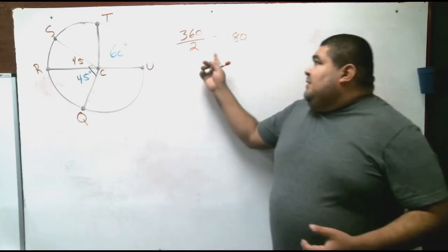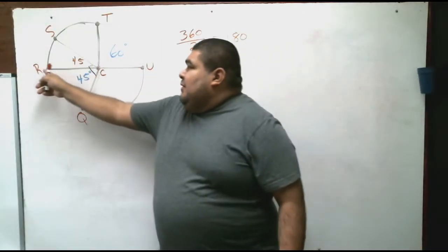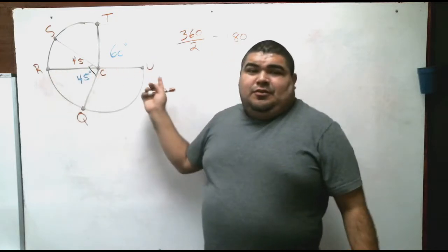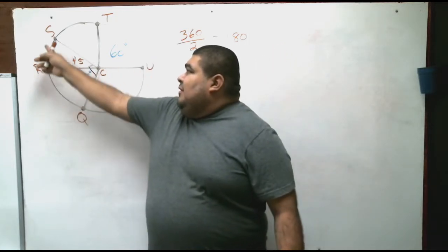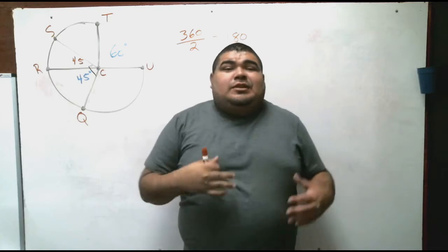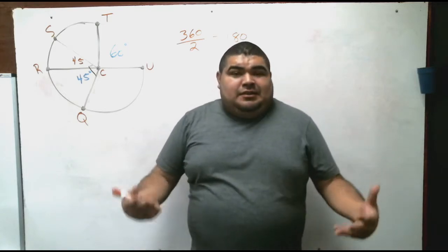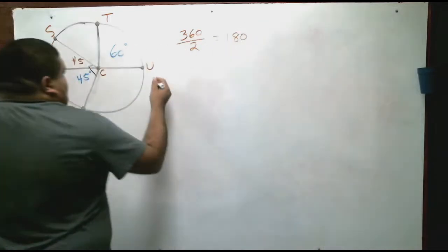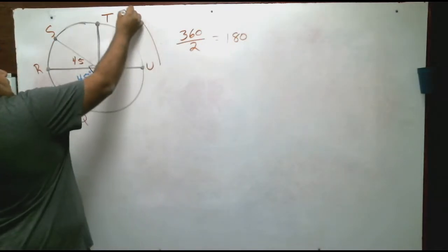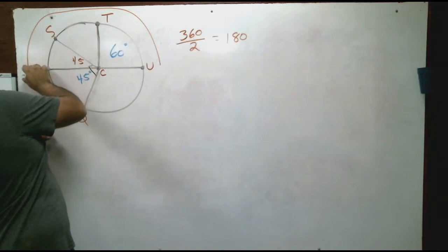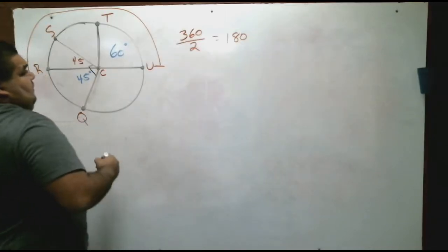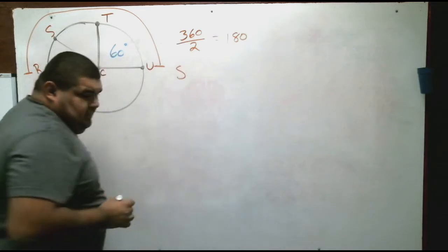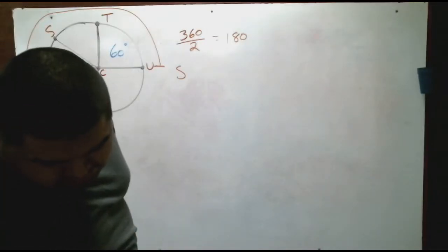Now that we know that this top part, R, U, cut the circle in half, we know that R, S, T, and U is what is known as a semicircle, okay? So we know that from U all the way to R is known as a semicircle.